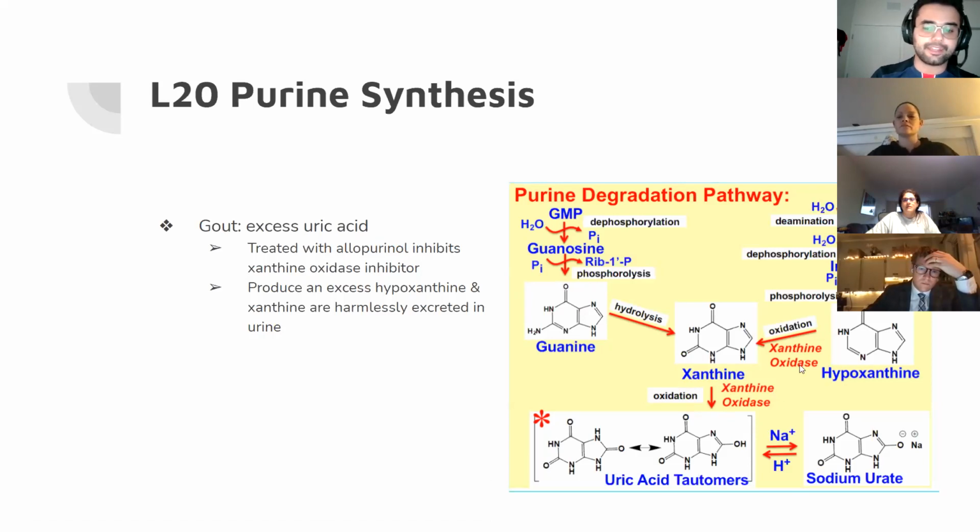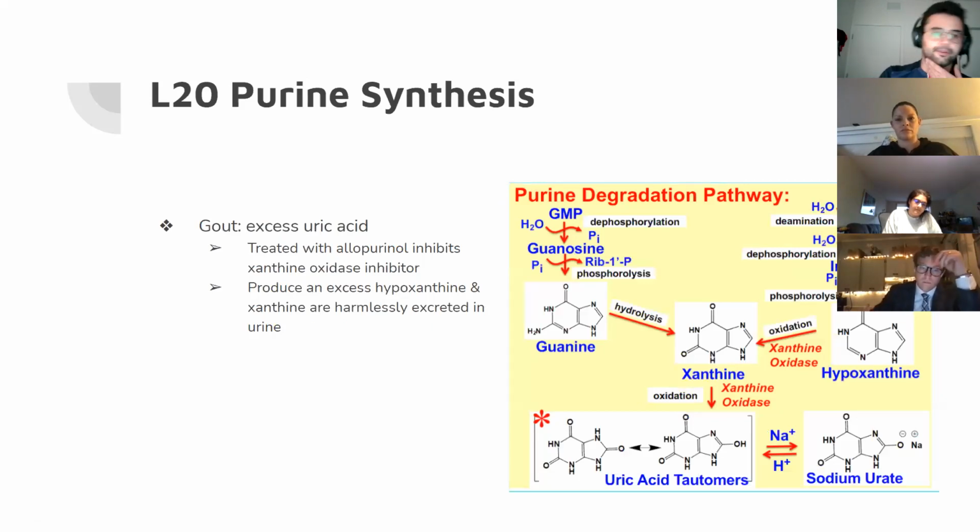Sorry, that sounded a little confusing on the slide. It's a xanthine oxidase inhibitor, right? So these produce an excess of hypoxanthine and xanthine, which is harmless and is excreted in our urine. So we had the purine salvage pathway, and this is our purine degradation pathway.